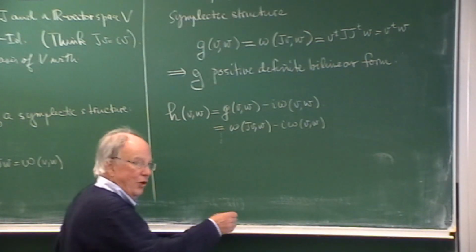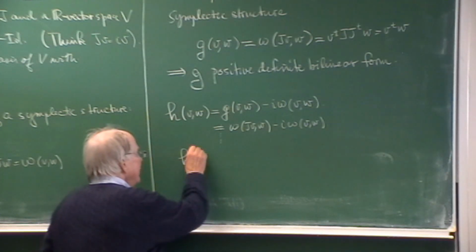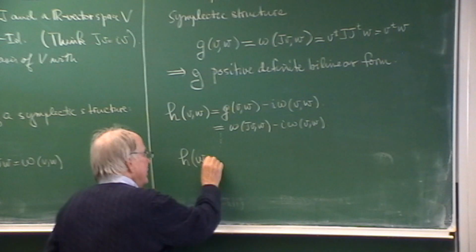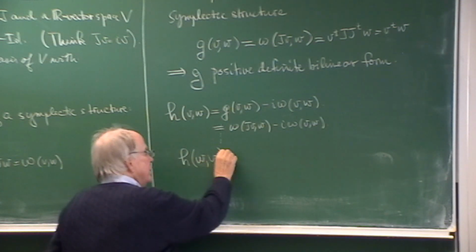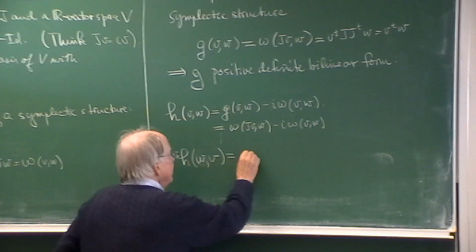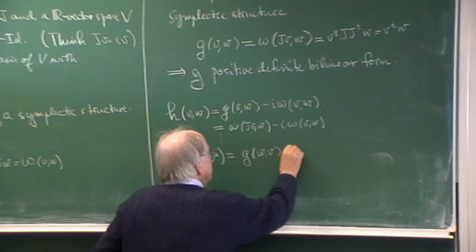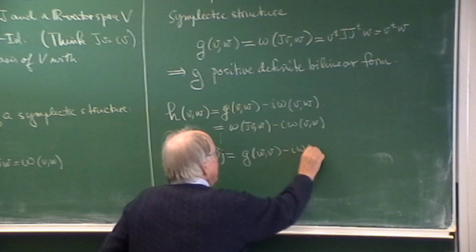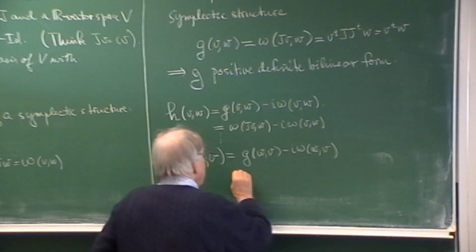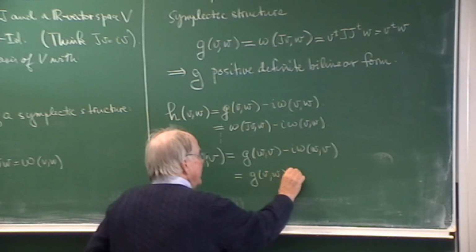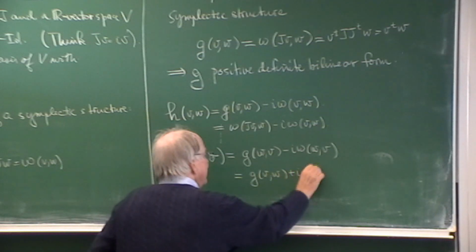Okay, Hermitian, all you need to check is H of W, V, well, I don't care which way you want to check it. Let's say what happens here. H of W, V, let's make a check. What is this? H of W, V is G of W, V minus I omega of W, V. Well, G is symmetric, and this thing is anti-symmetric.